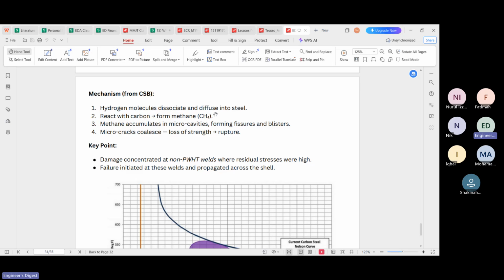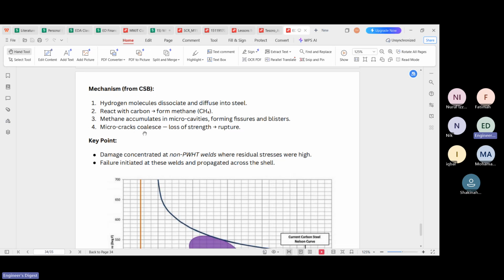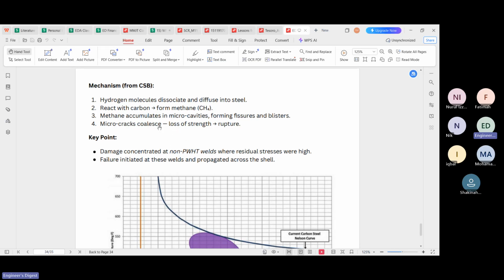Methane is actually a gas, so you have a gas forming inside your carbon steel. Over time, this gas will accumulate and turn into micro cavities, many cavities, forming fissures and blisters. Over time, the micro cracks coalesce, meaning they join together. Then you have loss of strength, and over time it ruptures.